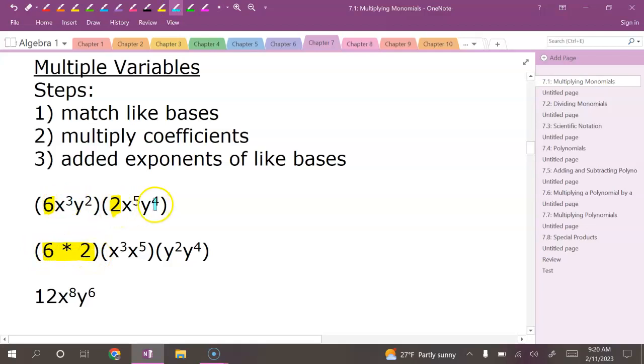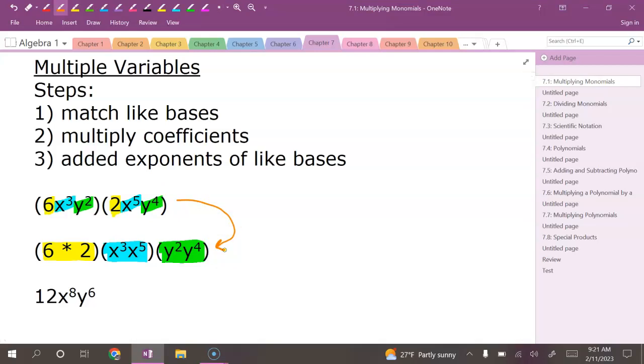Then I looked at what else I had. So I had x to the 3rd and x to the 5th, and so I matched those up together. Then I also saw that I had y's, y squared and y to the 4th, and so I matched those up together. So hopefully you can see how I went from here to here by matching up my bases. Okay, so that's step 1.